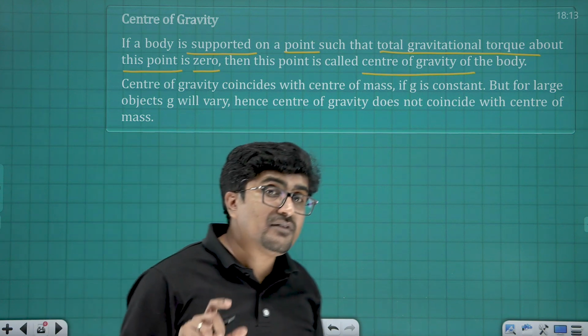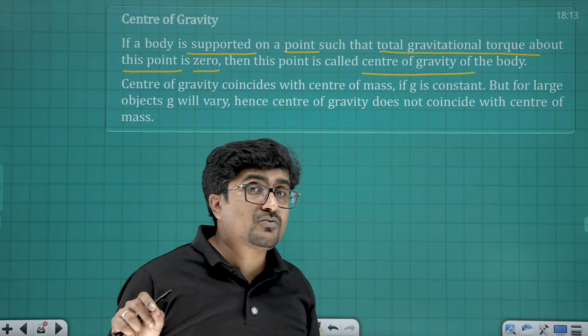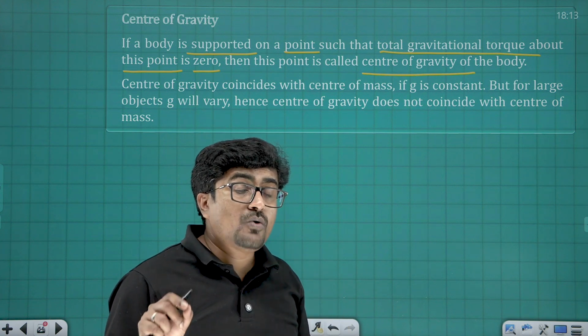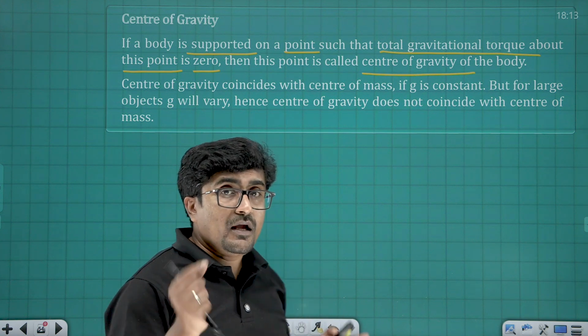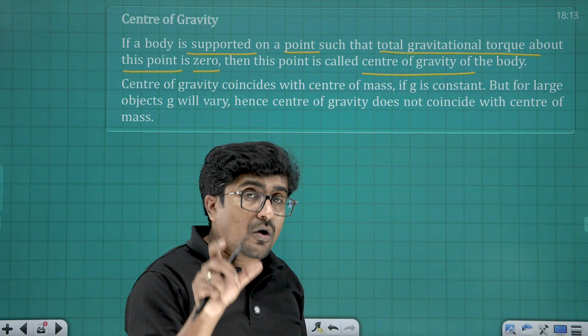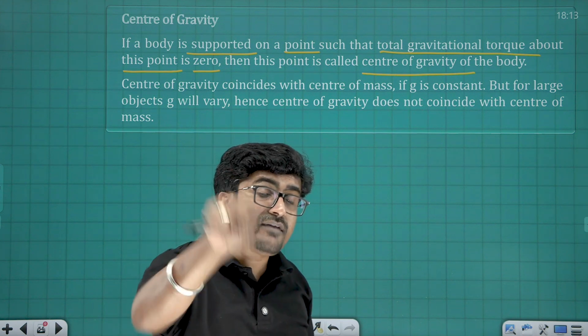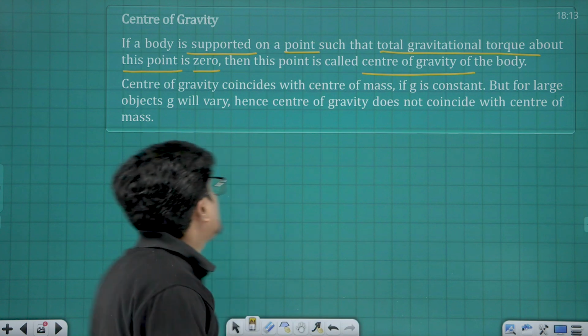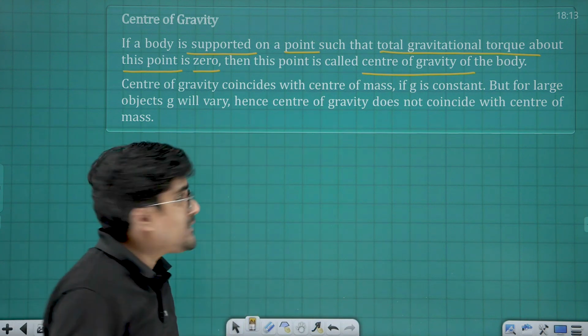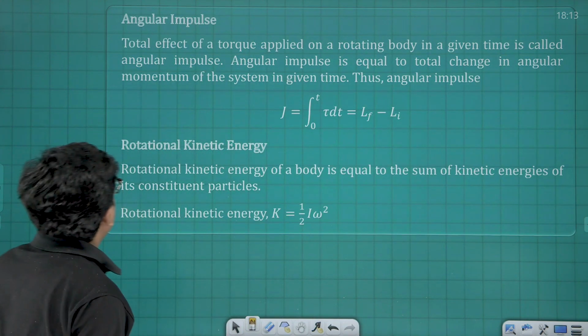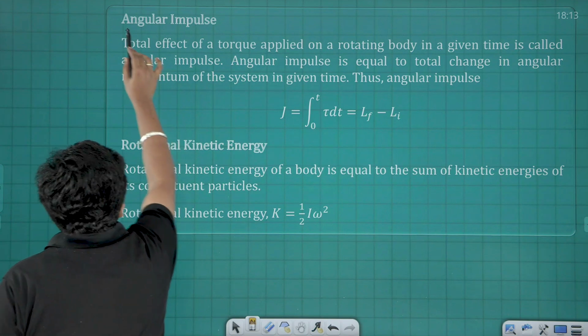What is center of gravity? If the gravitational torque experienced by the body is 0 with respect to a particular point, then that point is known as the center of gravity.